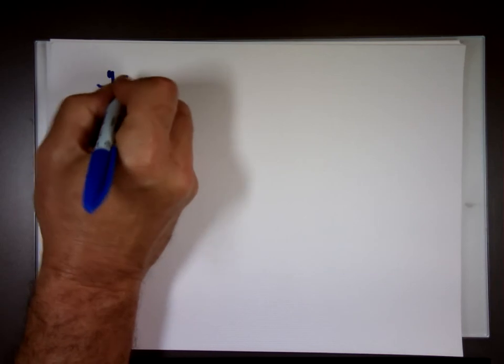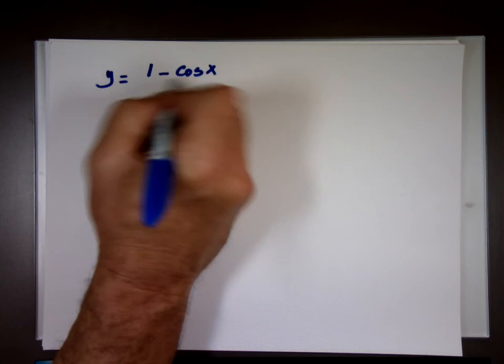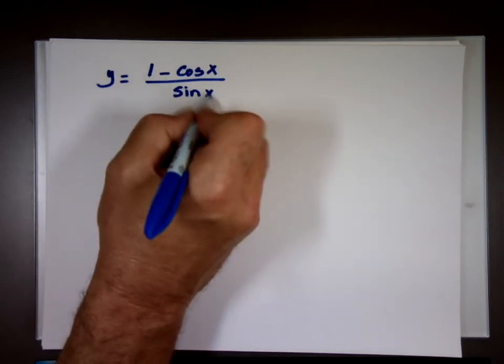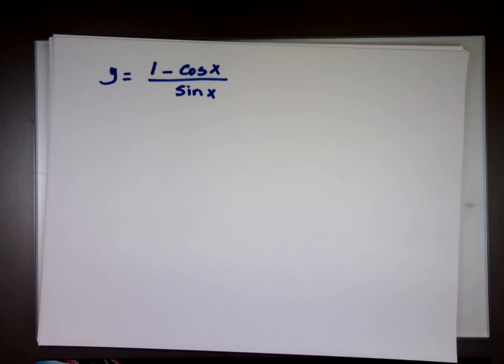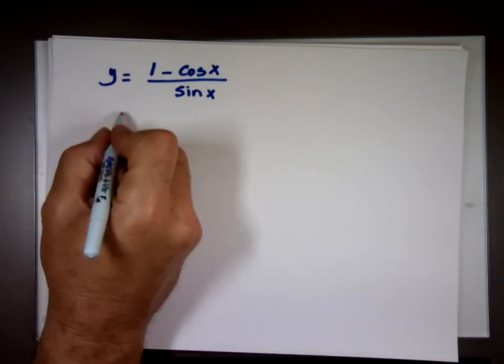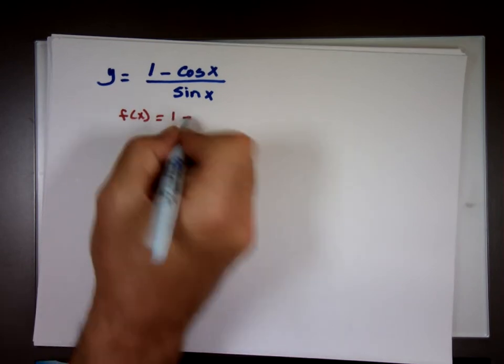Let's try this one. Okay, what do you notice? The first thing you see there? Quotient, fraction, exactly. So you see a fraction, it's the quotient rule. F of x is 1 minus cosine of x.